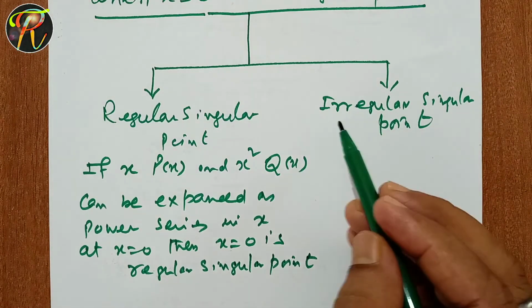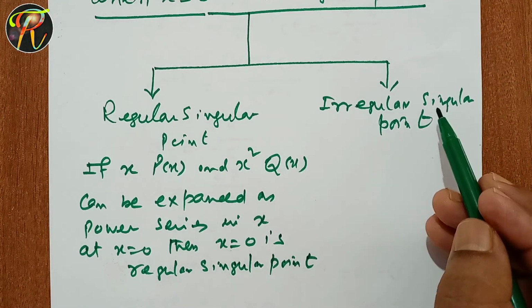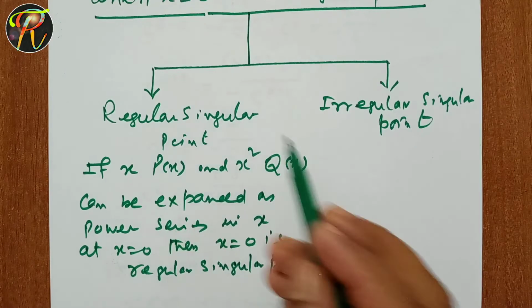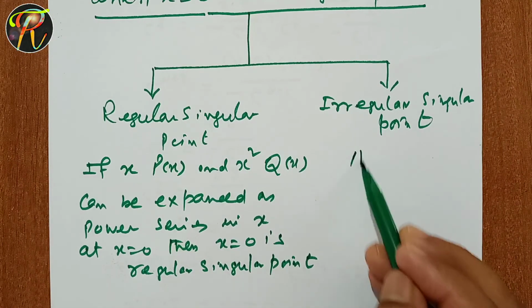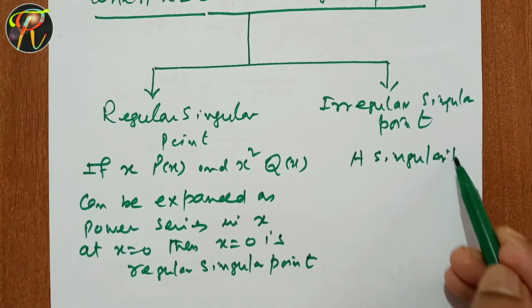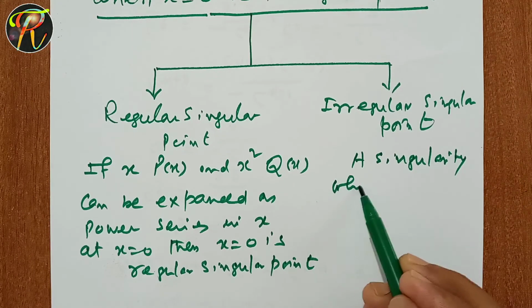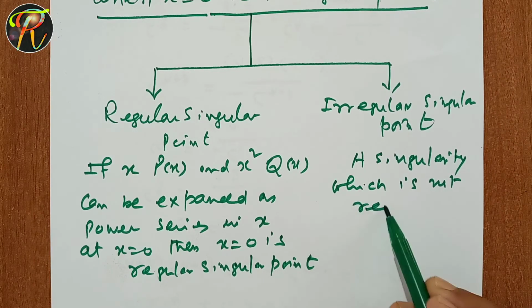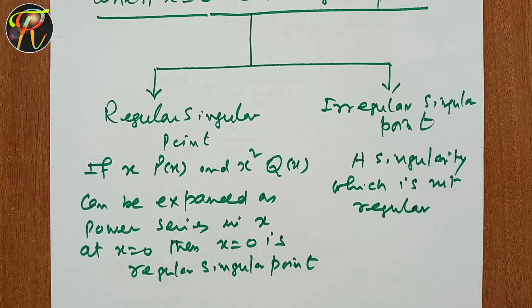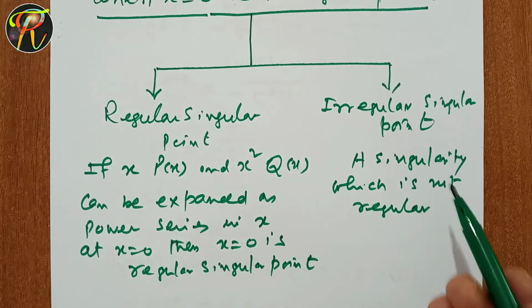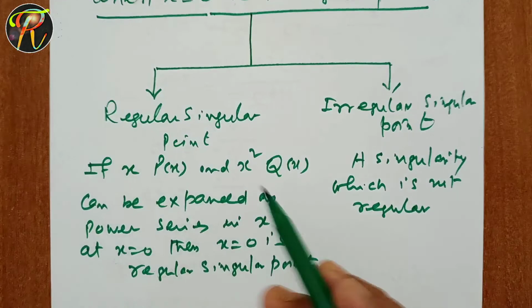And what is an irregular singular point? A singularity which is not regular. Okay, so this is not important; we will discuss only the regular singular point.